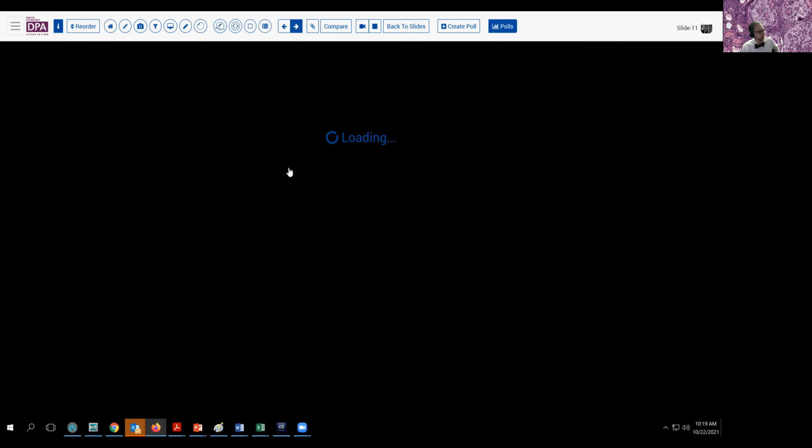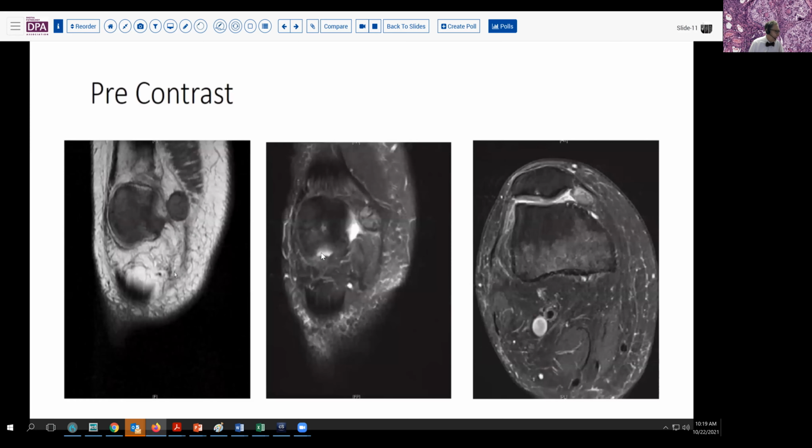Looking a little further at additional studies, however, the MRI shows a non-fatty lesion here adjacent to the patella. And here we can see on the fluid sequences that it is just beneath the tendon here and essentially immediately abutting the joint space here, maybe indenting it slightly.